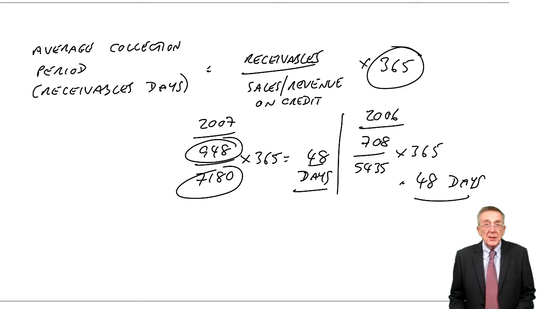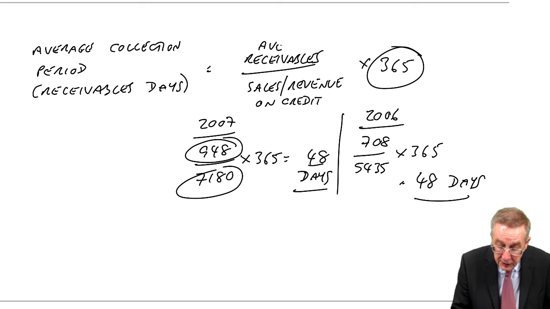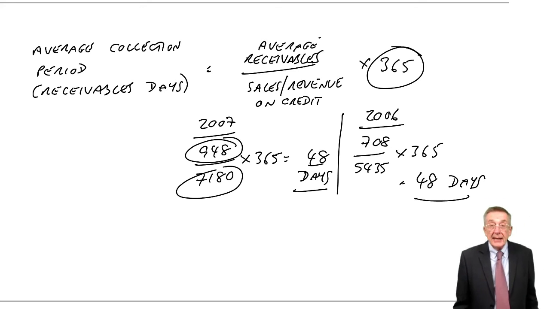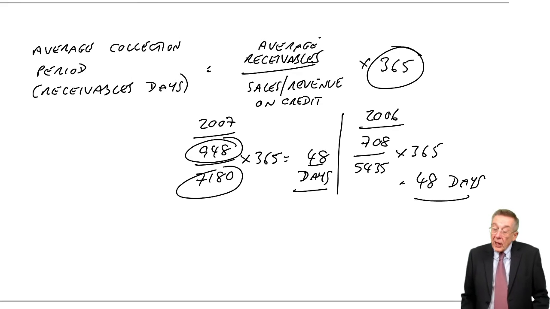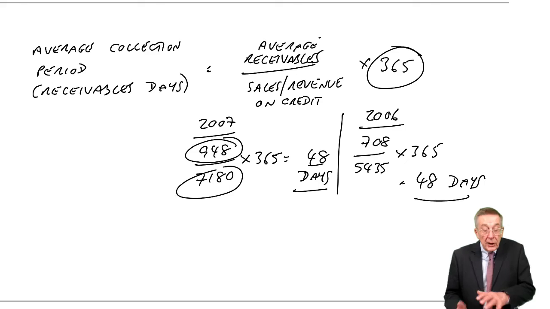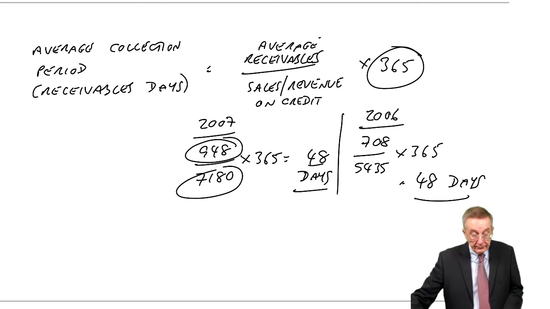It could be very distorted. It would make more sense to use average receivables, but it's extremely unlikely you'd have the information available to do that. So if you got the chance ever, do be aware it could be misleading.